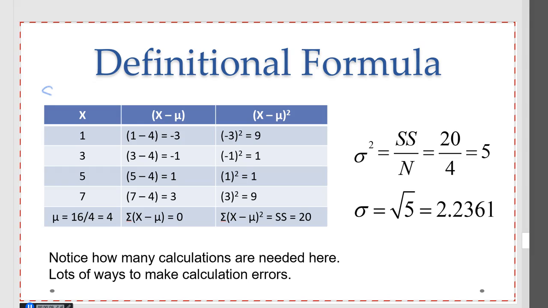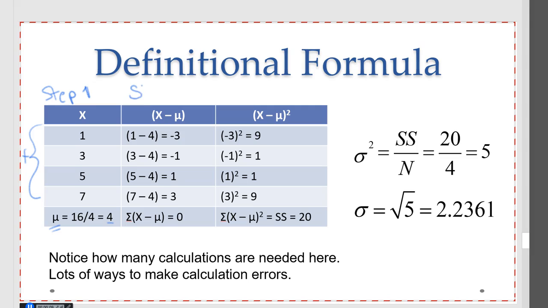Step 1 is to find the mean. So 1 plus 3 plus 5 plus 7 is equal to 16, divided by 4, which gives us a population mean equal to 4.